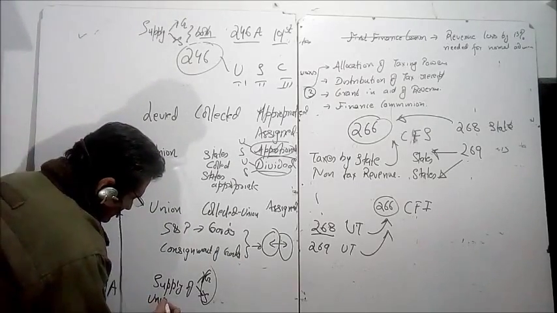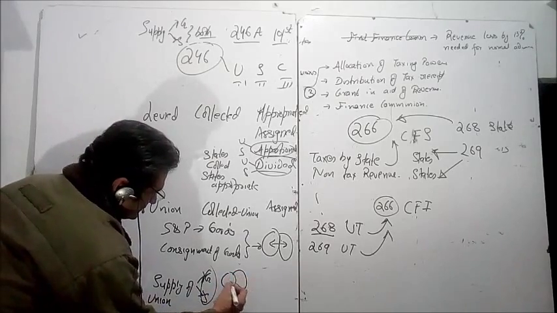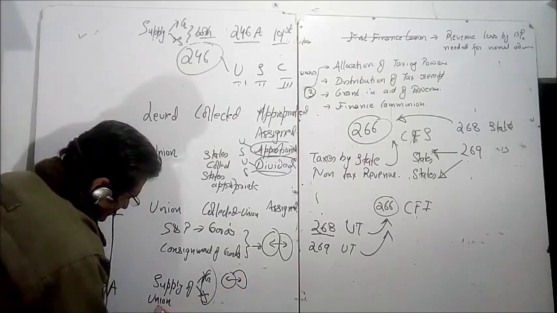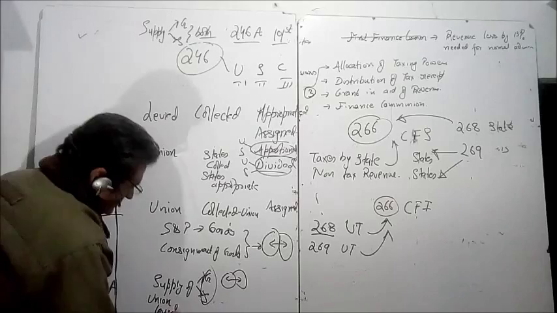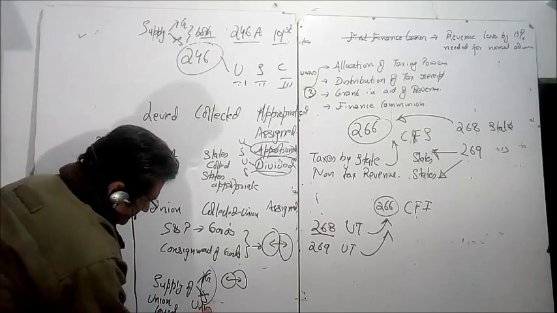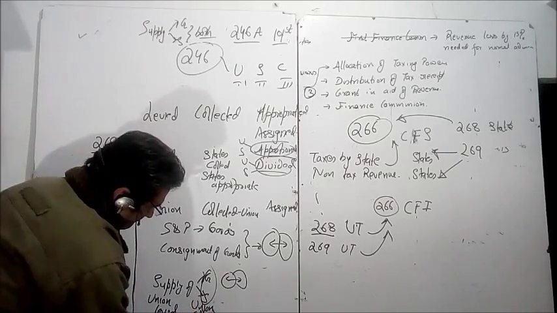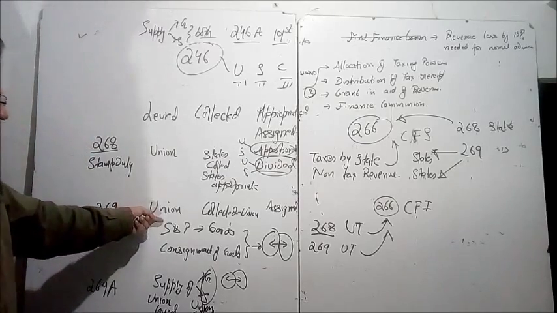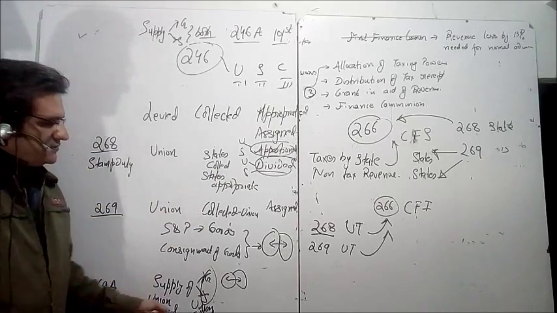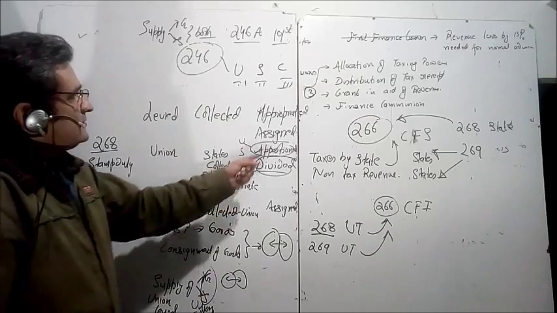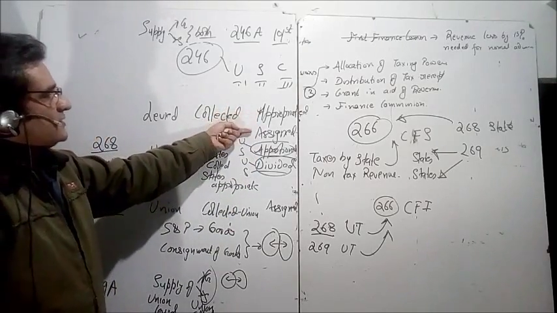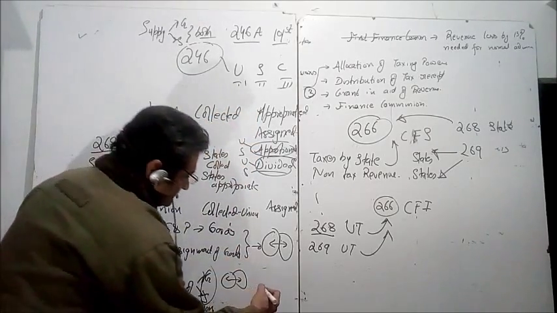Union will levy it. It is in case of interstate trade. Union levies it. The union collects it. Like here, levied by union, collected by union. But here the word is neither appropriated nor assigned. The word here is apportioned.